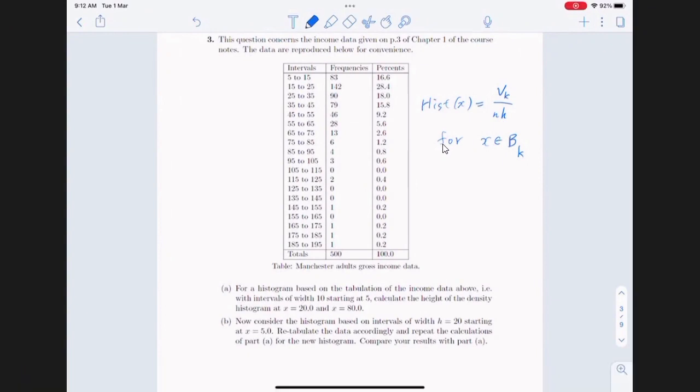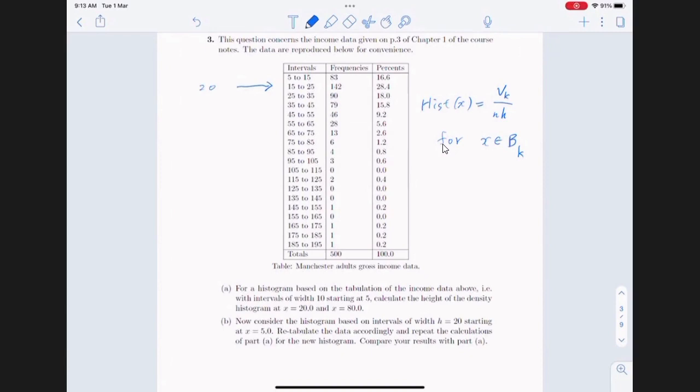In answering this question, it asks us to determine the density histogram at x equal to 20. So we need to locate the point x equal to 20, and 20 is within this class interval from 15 to 25. The frequency is equal to 142.